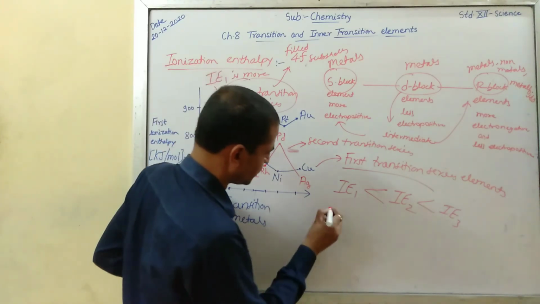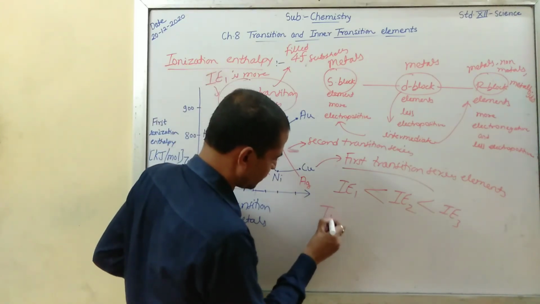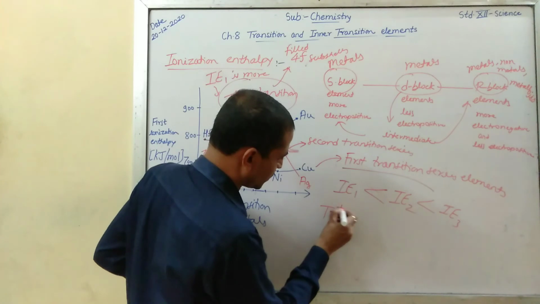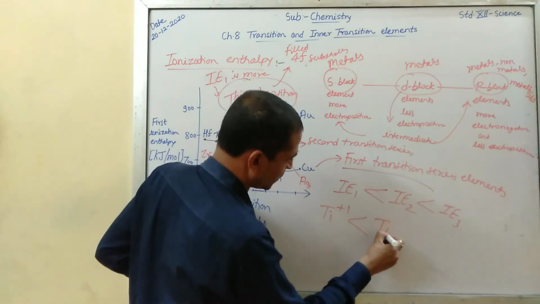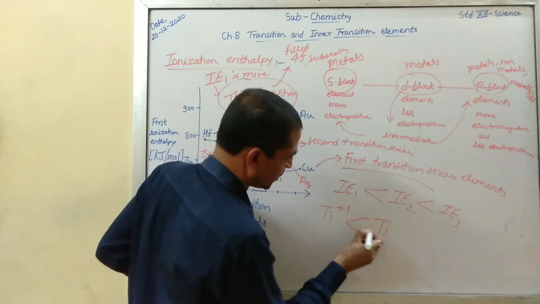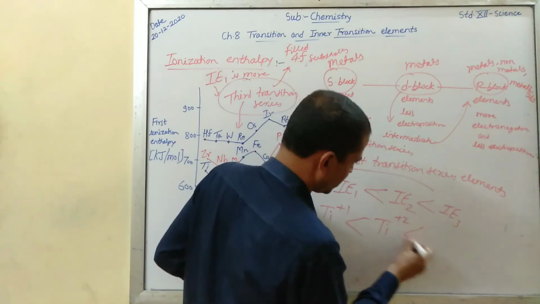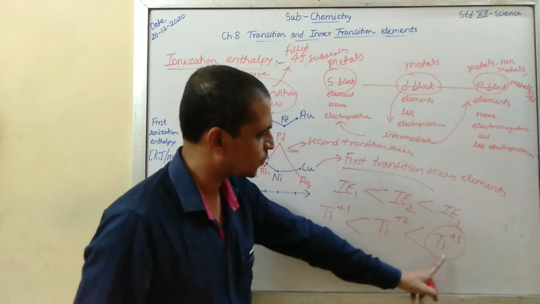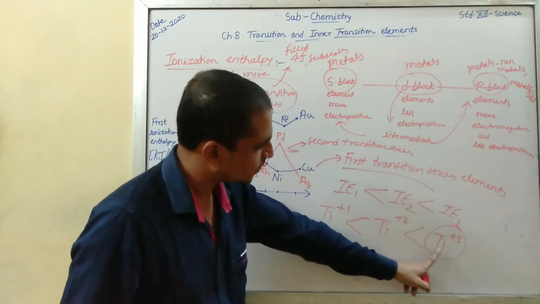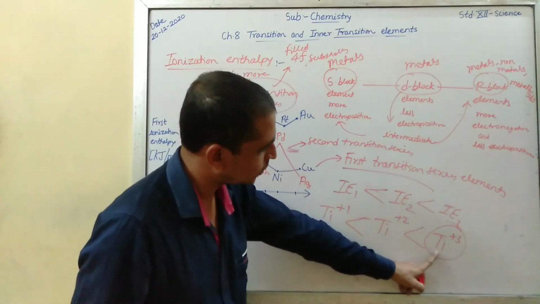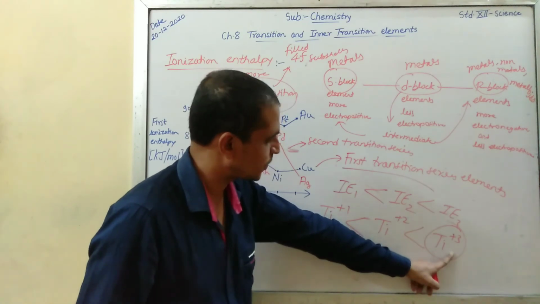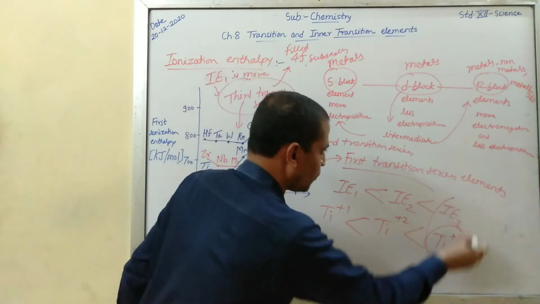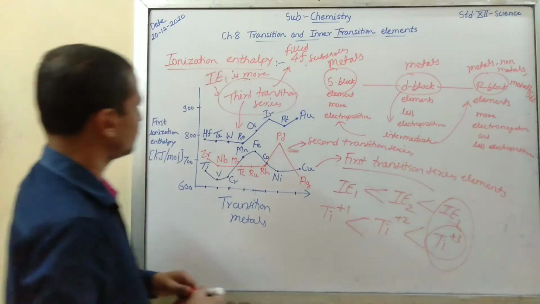If you consider titanium, with the first ionization enthalpy you get titanium plus 1, here titanium plus 2, and here titanium plus 3. It is very difficult to remove 3 electrons from titanium, so they require more energy to remove these electrons, and therefore they have more third ionization enthalpy.